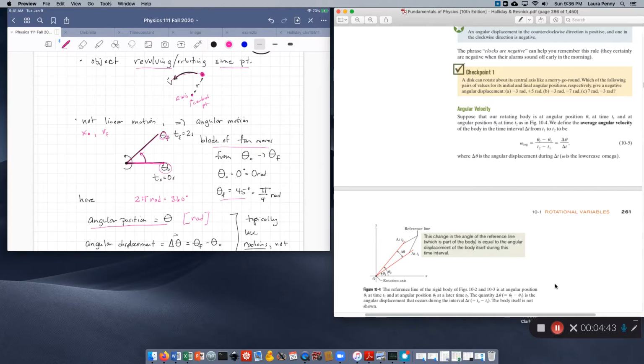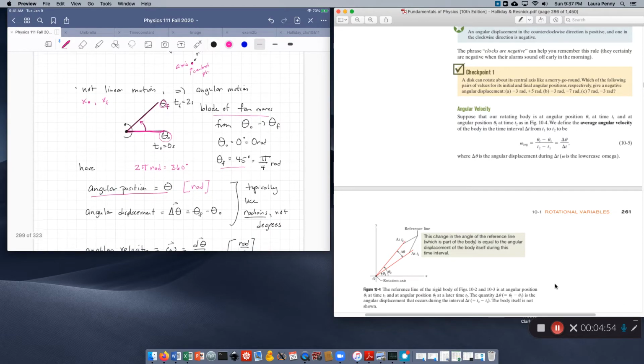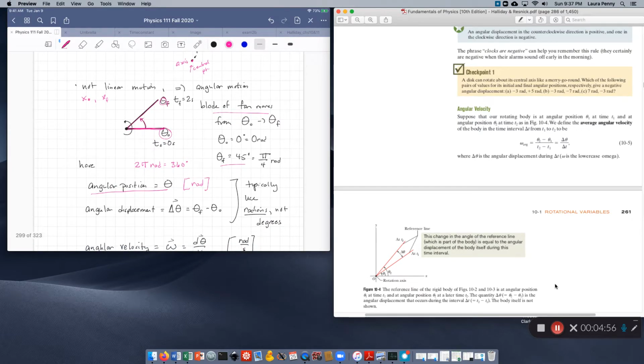You can use that as your conversion factor. Angular displacement is delta theta. We used to have position, x naught and x final, and then displacement, which was delta x. Now we have delta theta, which would be theta final minus theta initial.